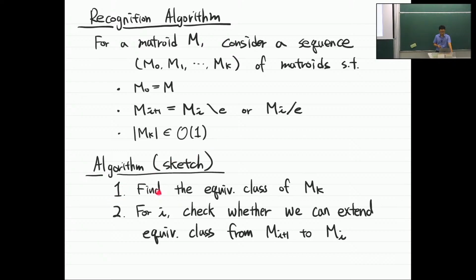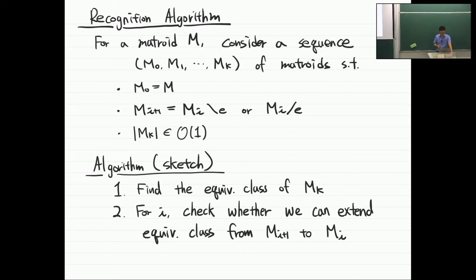First, because the size of Mk is very small, we can find every equivalence class of Mk. By Whitney's theorem, we know that there is none or a unique equivalence class. And for each i, we check whether we can extend this equivalence class from Mi+1 to Mi.